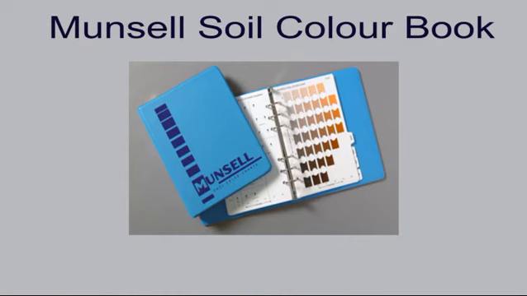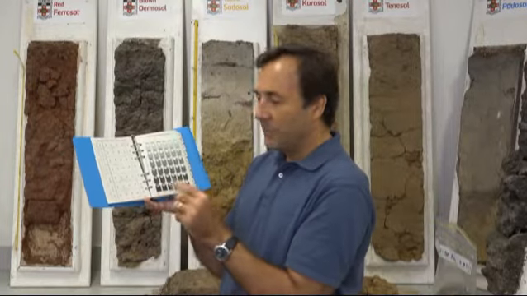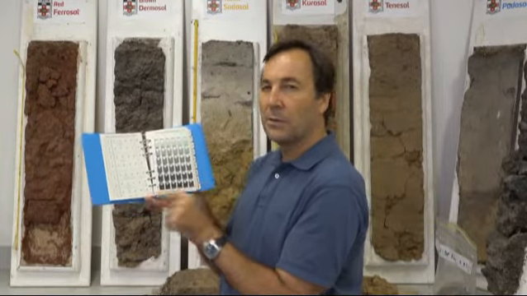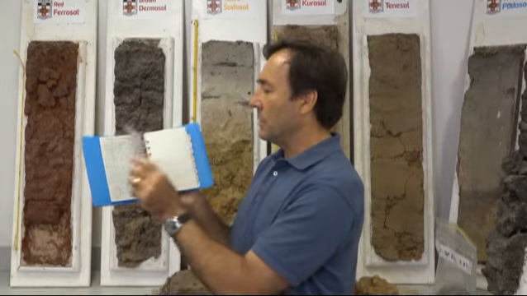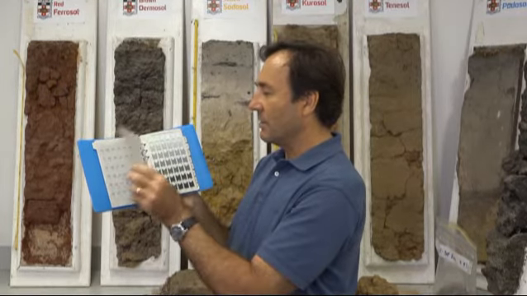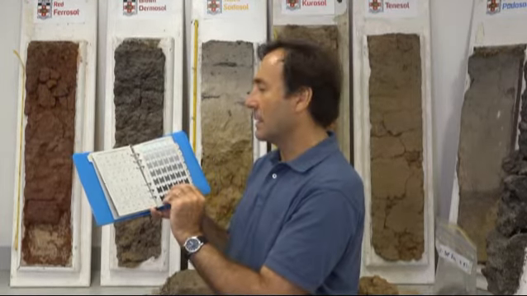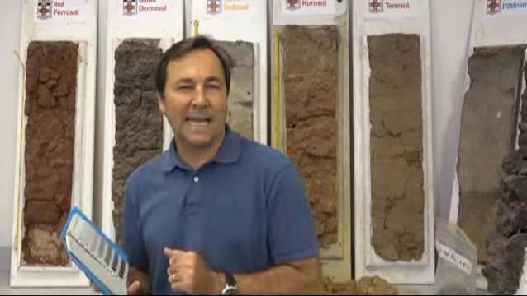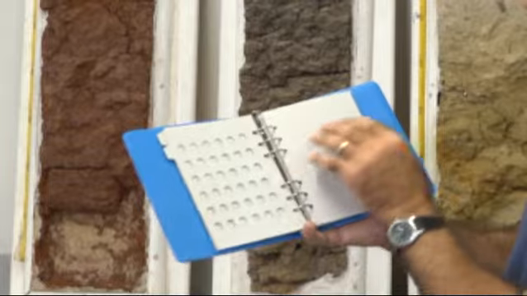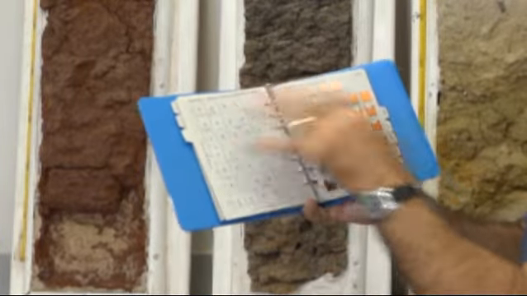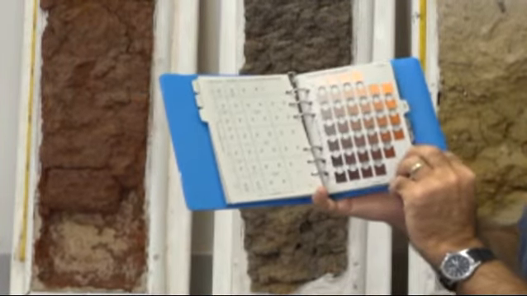These are soil colour charts, just like normal paint chips you would see in a paint shop. They're very highly quality controlled though, and there's a description for each of these chips. What we have to start with are the grey, bluey grey type colours, and these are common in many of our estuarine sediments and things that are lacking oxygen, in reduced environments. As we work through the colour charts, it goes to redder looking colours.